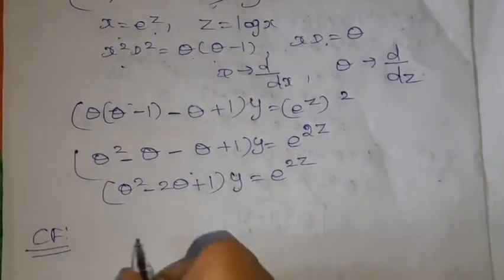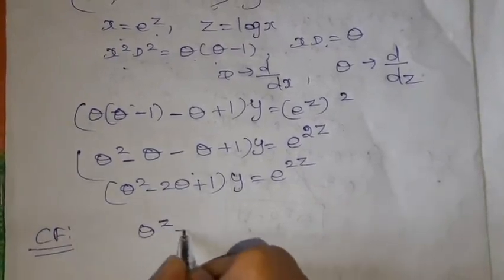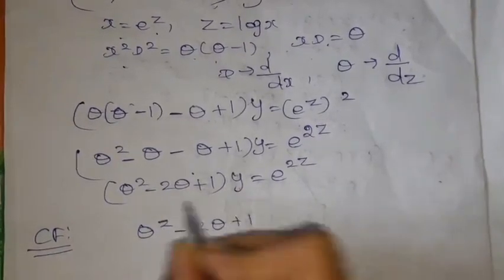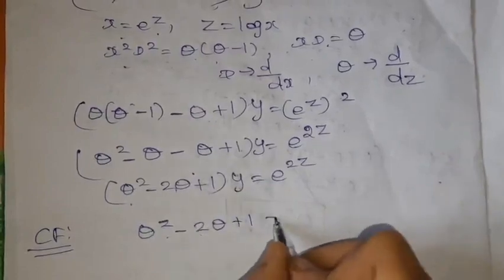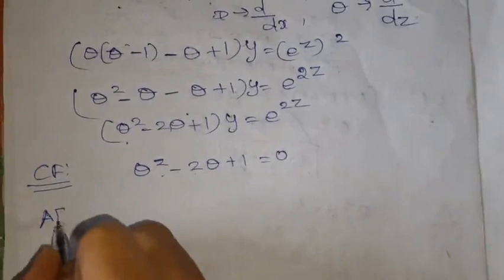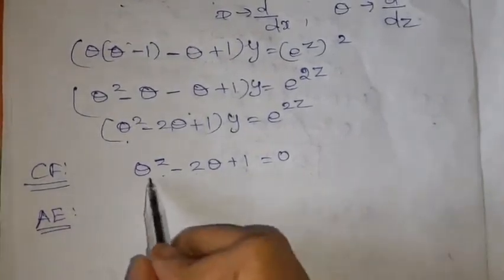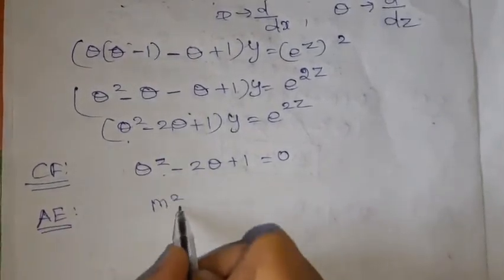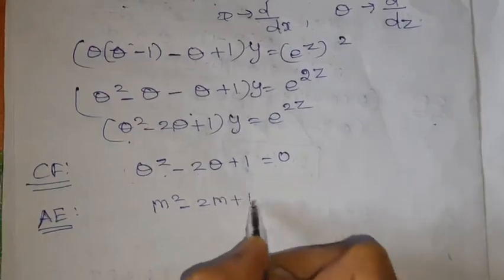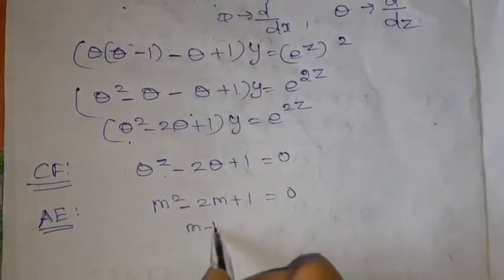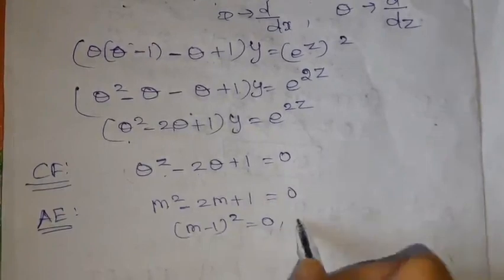Now we are going to follow the same procedure like other differential equations. To find the complementary function, we assume RHS equal to 0. Then what is the next step? To find the auxiliary equation: replace theta by m, so m squared minus 2m plus 1 equal to 0. So m minus 1 the whole squared equal to 0.